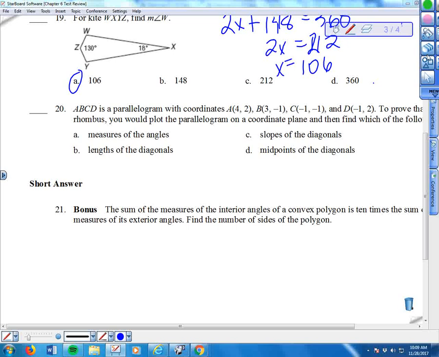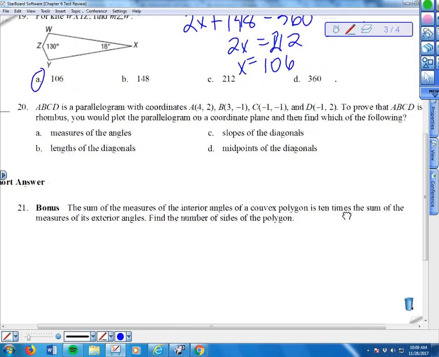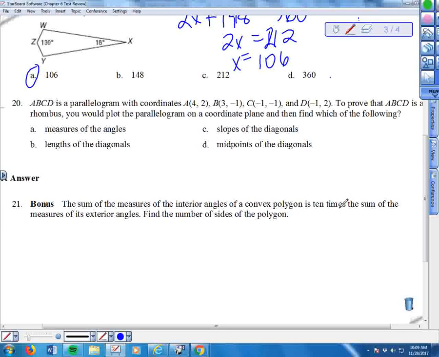ABCD is a parallelogram with those coordinates. To prove it's a rhombus, you would plot the parallelogram on a coordinate plane and then find which of the following. What's special about a rhombus? The diagonals bisect each other, or when they intersect they make a 90 degree angle.